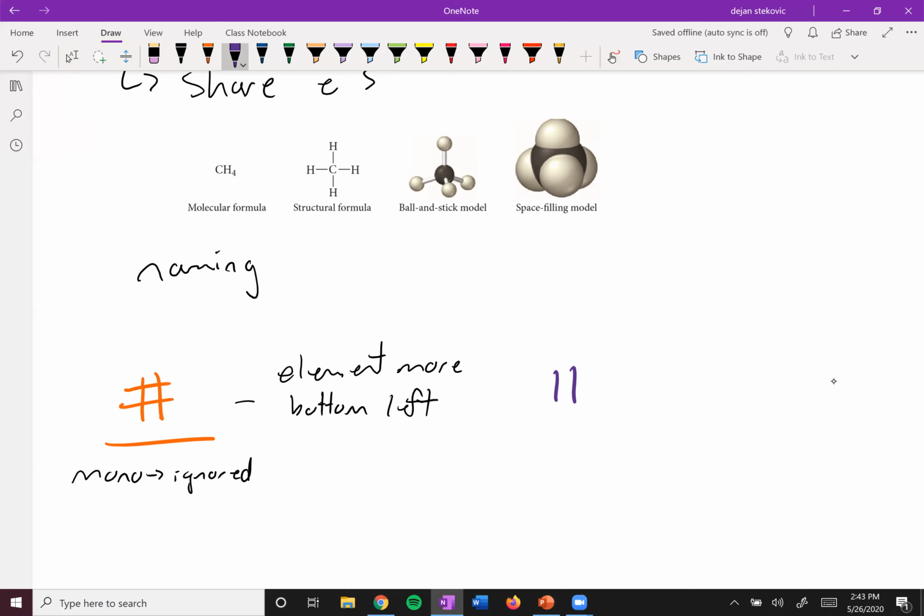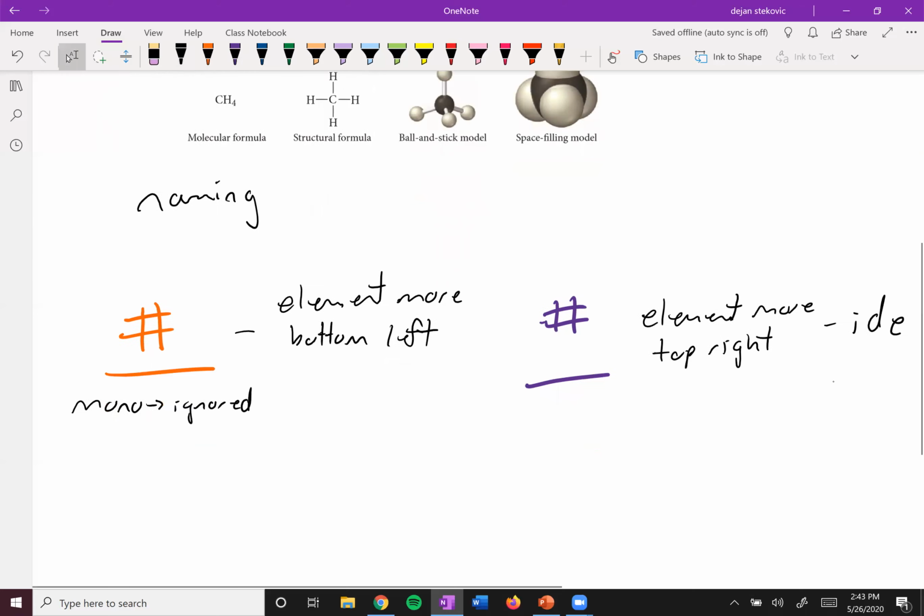And then another number prefix, and then the name of the element that's more on the top right. And then it gets the "ide" in there as well.